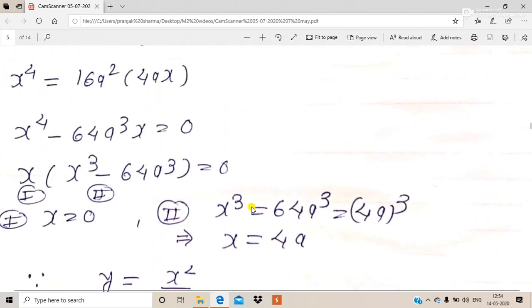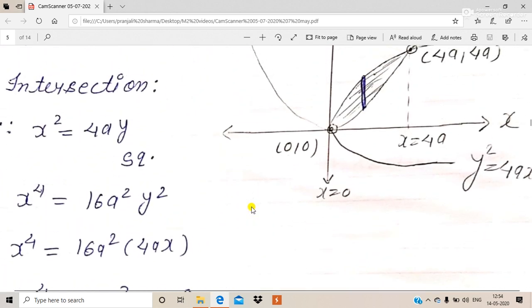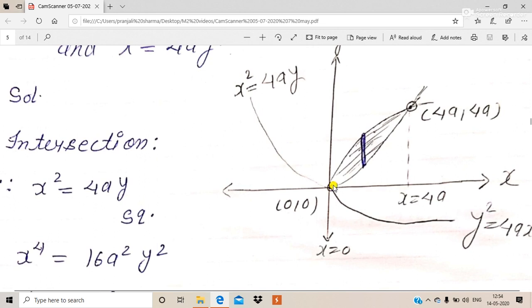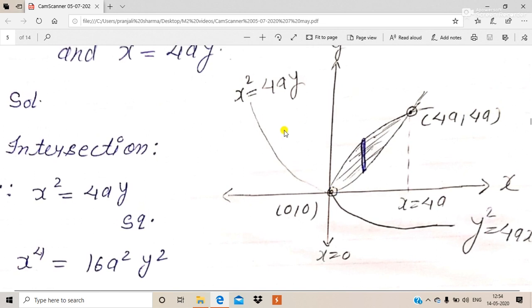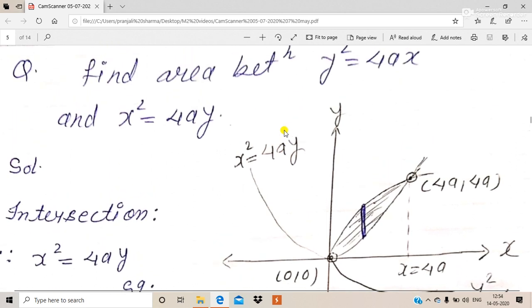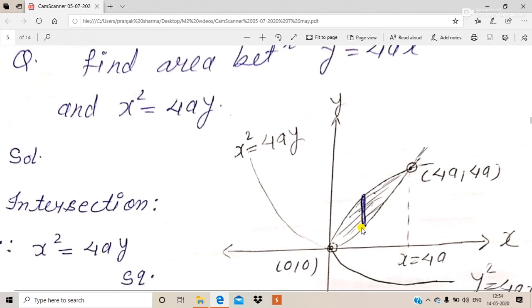As we can see in the diagram, we have two intersecting points (0, 0) and (4a, 4a). So if we have to find the area between two curves, first we have to solve them to find their intersection. Since we have two intersections at (0, 0) and (4a, 4a), now we have to find the area.